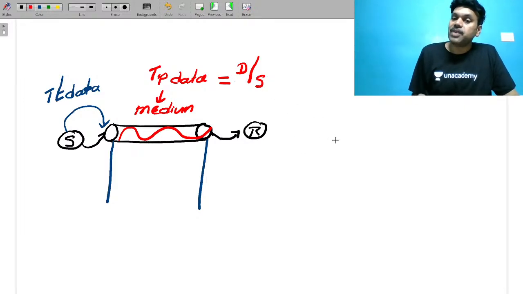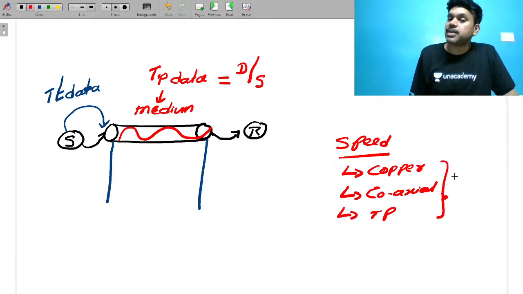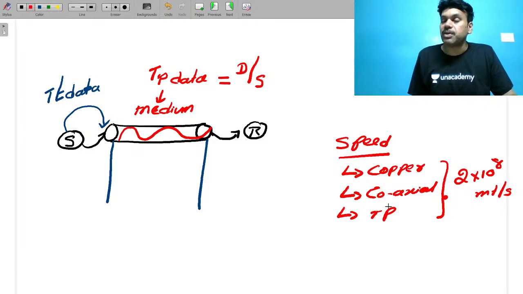Naturally, your speed depends upon the nature of the cable you are using. If I am using copper, coaxial, or twisted pair, all these three are going to take 2 into 10 power 8 meters per second. This is the speed of those three varieties of mediums.